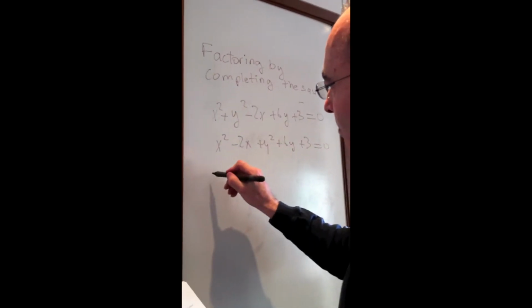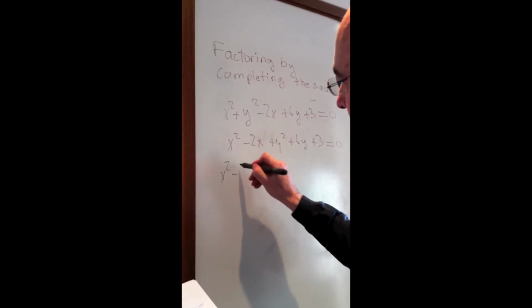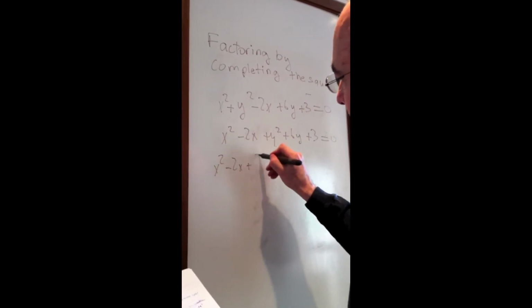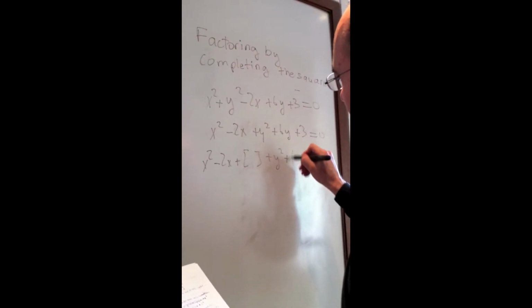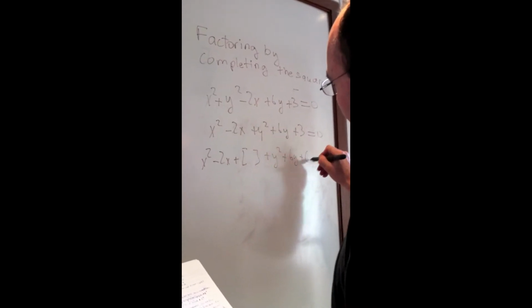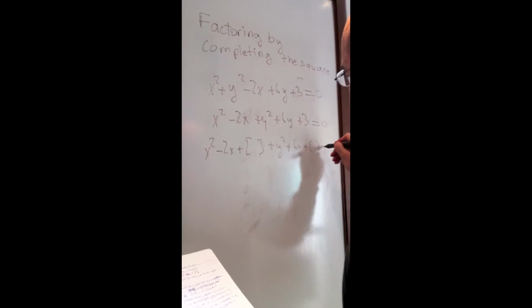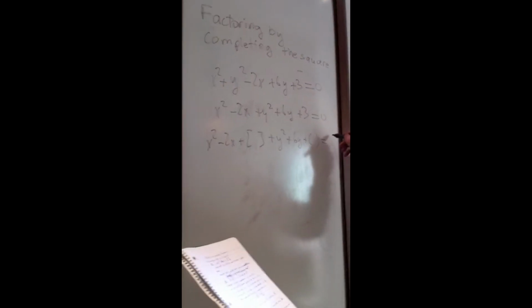And now we have to complete the square in both x and y, like this, plus y squared plus 6y plus something else is equal to something else altogether.